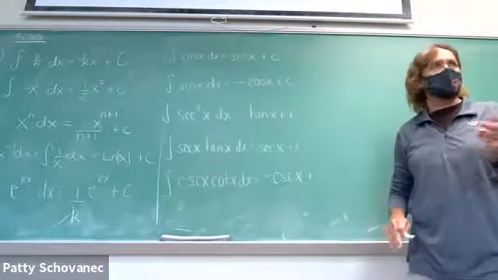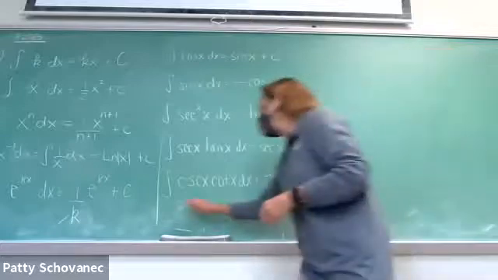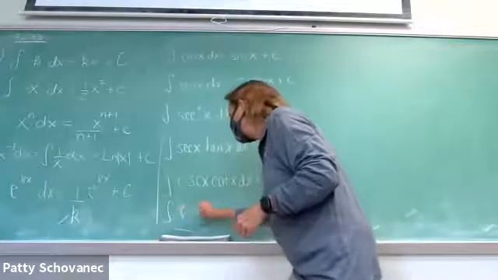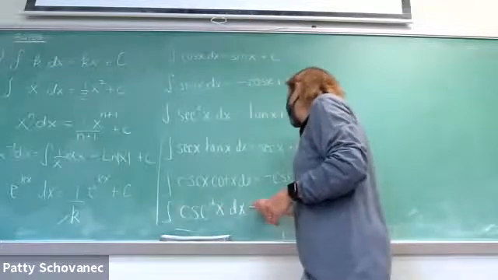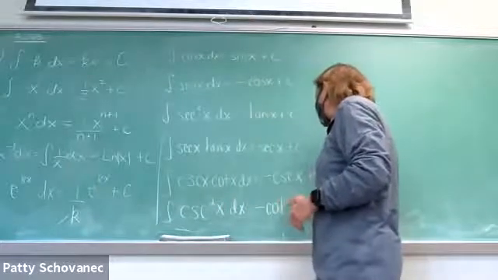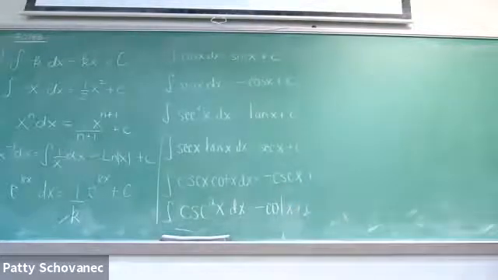What's the derivative of a cotangent? Negative cosecant squared, so I'm going to move the negative to the other side and say that the integral of a cosecant squared is a negative cotangent.